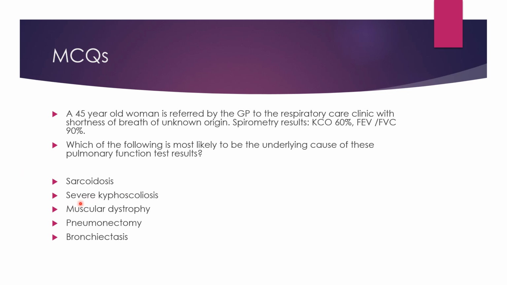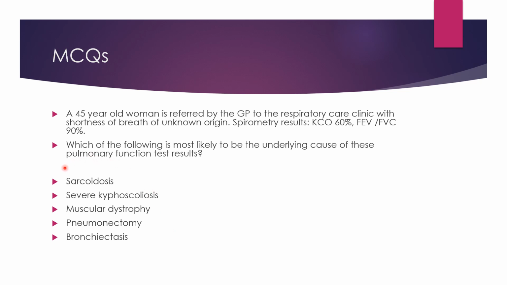Is it sarcoidosis? Is it severe kyphoscoliosis? Is it muscular dystrophy? Is it pneumonectomy? Think of the exceptions that I've told you regarding increased KCO with a normal or reduced TLCO.